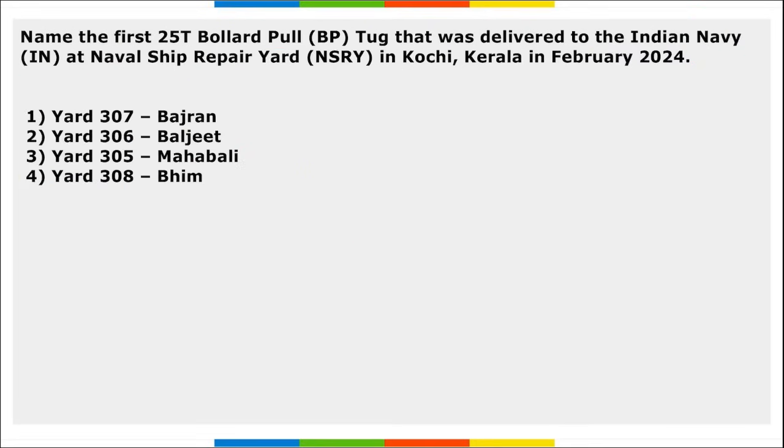Next, name the first 25T bollard pull tug that was delivered to the Indian Navy at Naval Ship Repair Yard in Kochi, Kerala in Feb 2024. It is Yard 305 Mahabali.